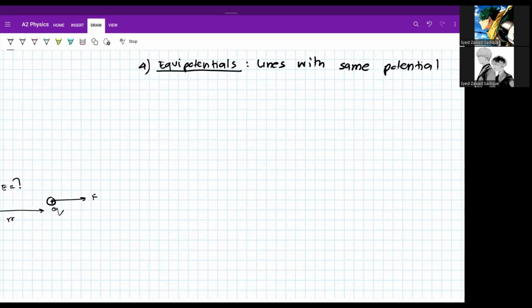So this is a positive charge, so this will have one, two, three lines going outwards. So it's an isolated positive charge.